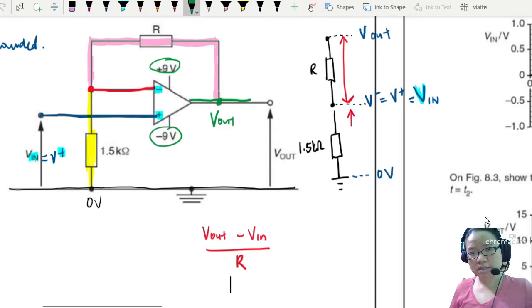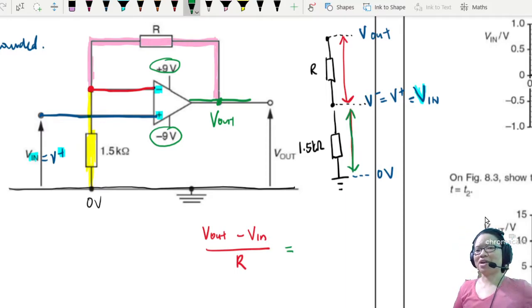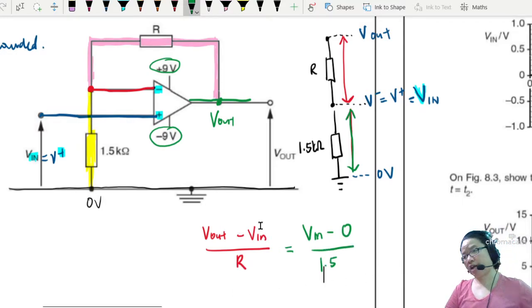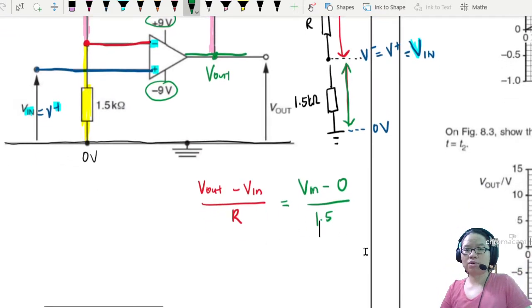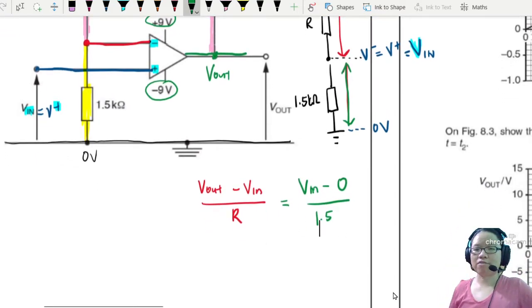This side will have V in minus 0, the green color side, V in minus 0, over 1.5K. Okay, so this one I can keep as 1.5 for a nicer number, but this is 1.5 kilo, just FYI.